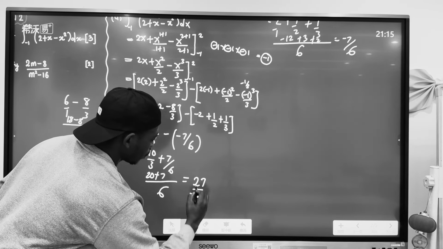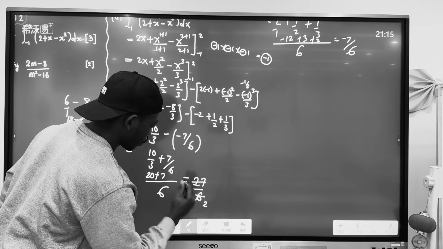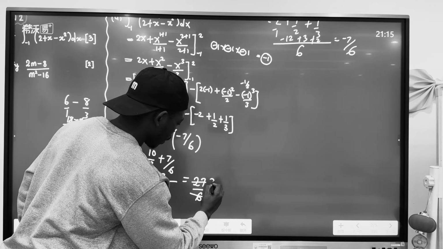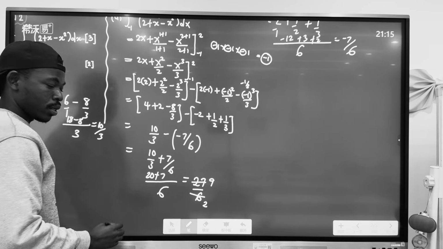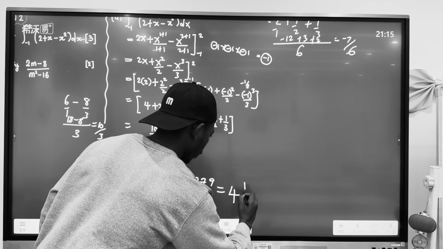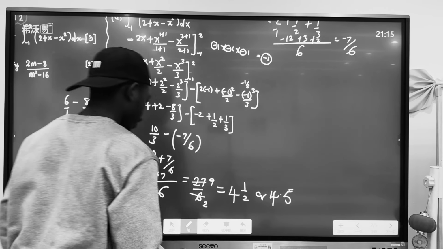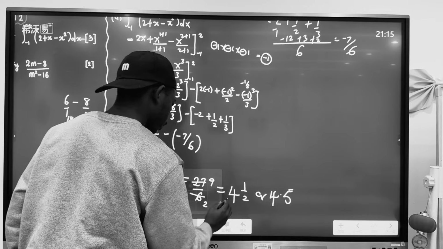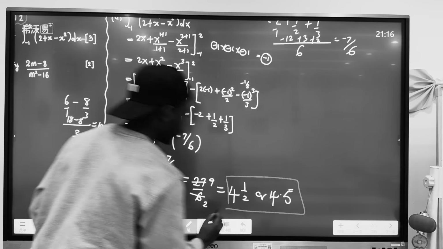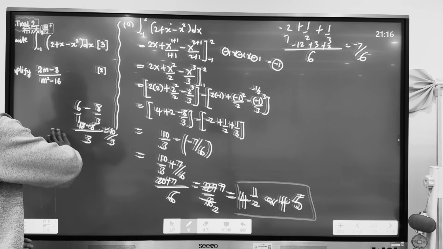If you want here, you can use your calculator. So 3 there, we have 9. Then 2 into 9, that is 4.5. So you can write this as 4.5. So this is the answer to the integral that we had. Okay.